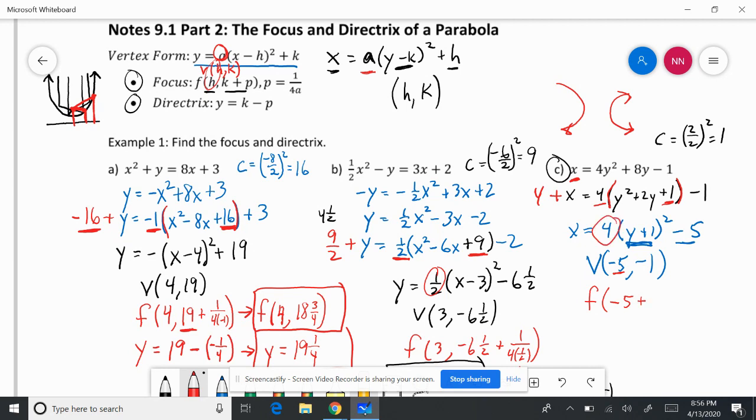Right here is our a value, which is 4, and we times it by 4, so that would be 1 over 4 times 4, which is 1 over 16. So that means my focus is negative 4 and 15 over 16, and negative 1.